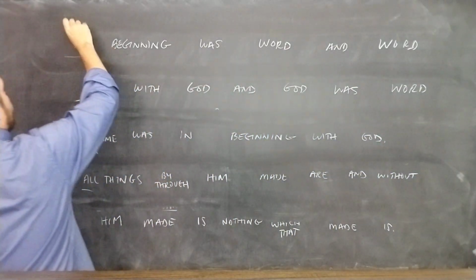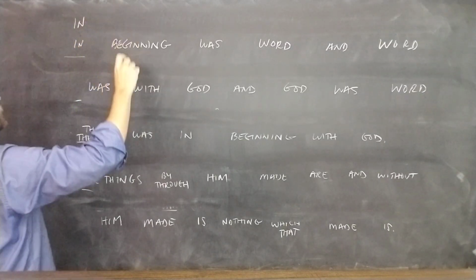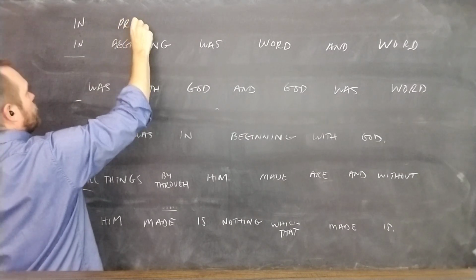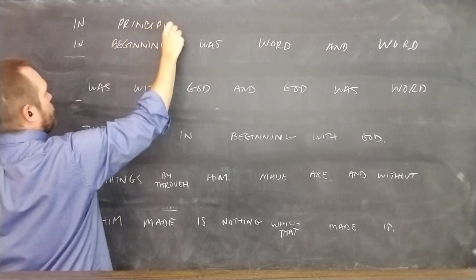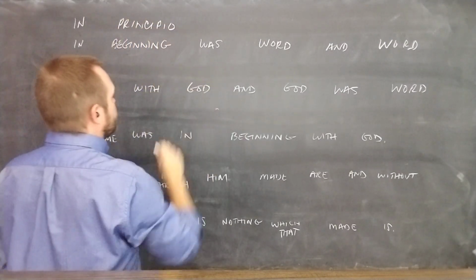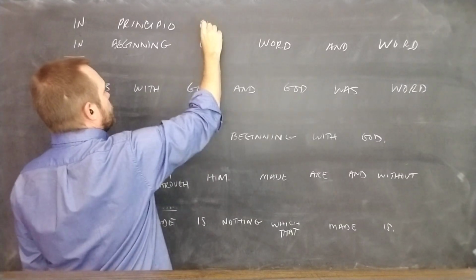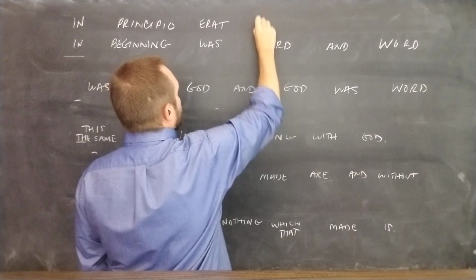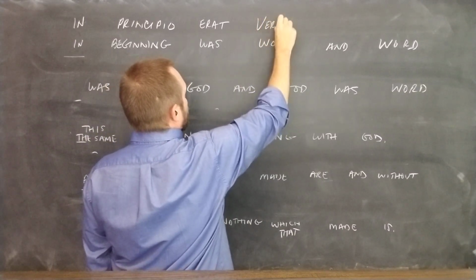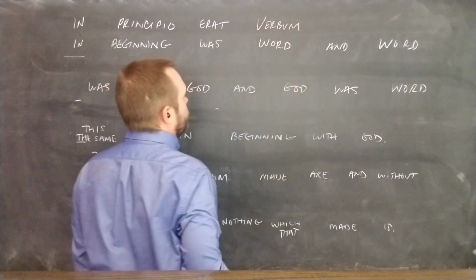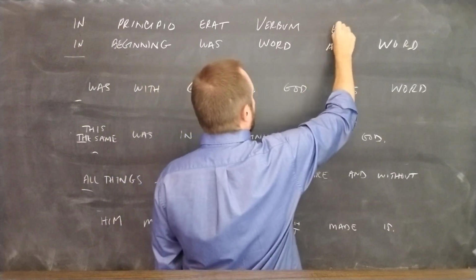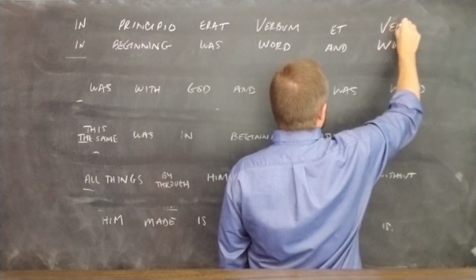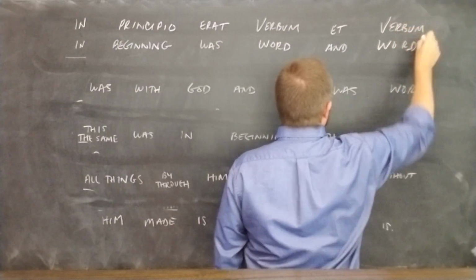In Latin was in, and beginning was principio. Was, in Latin, was erat, and word was verbum. And was et, and word again, verbum.